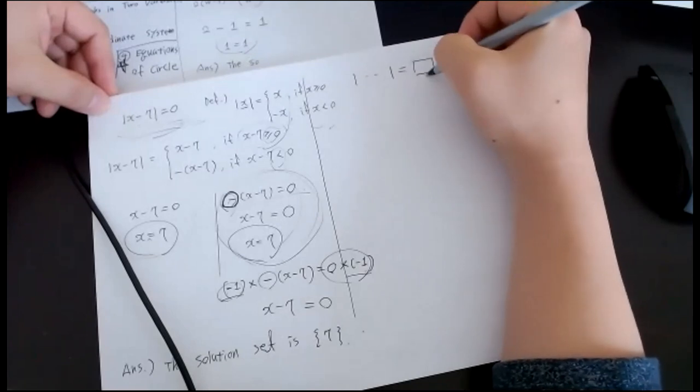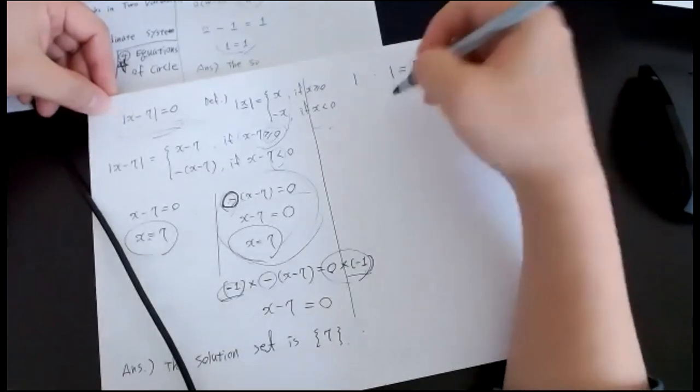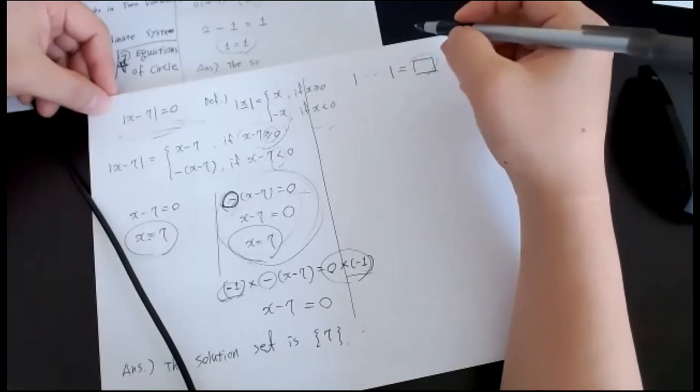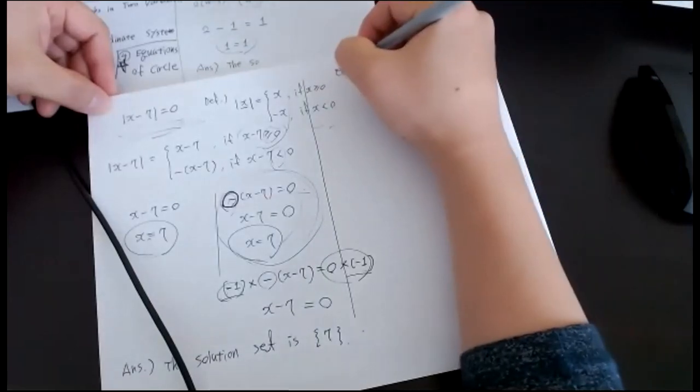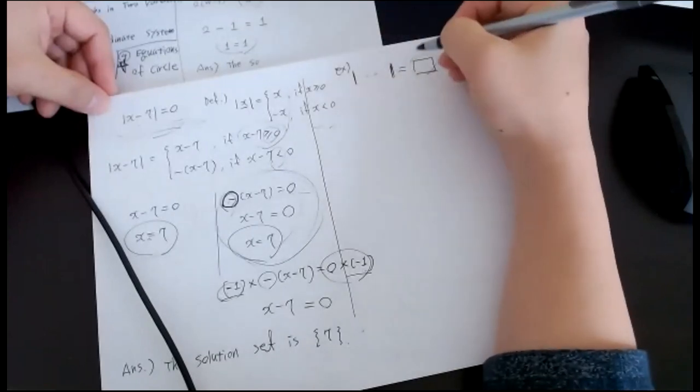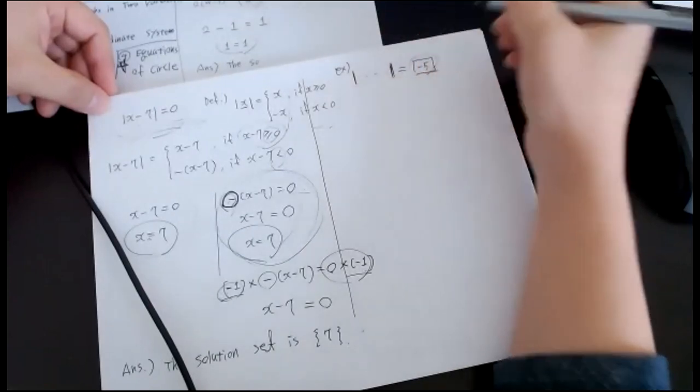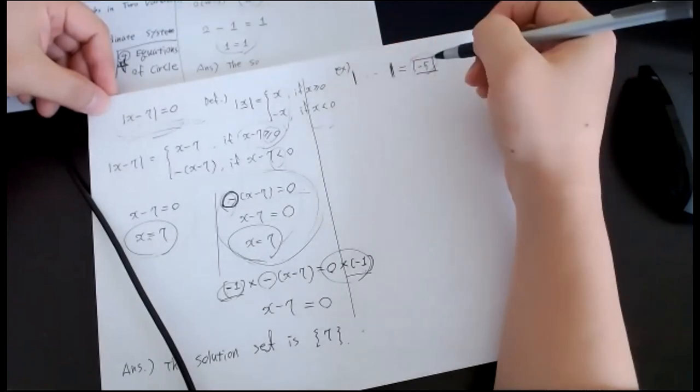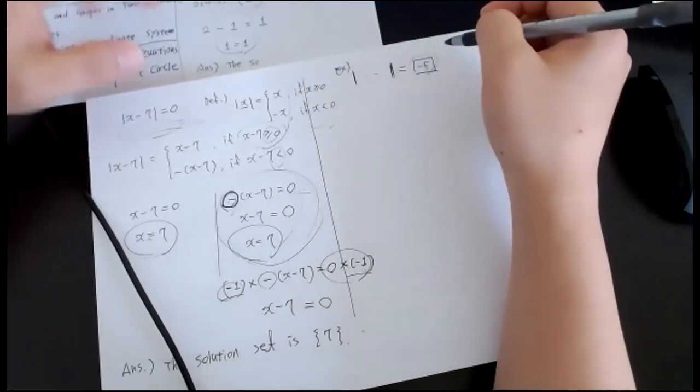If that number is negative, then the solution is the empty set. For example, if you isolate the absolute value term and you got, for example, -5, then the solution set is the empty set. It means that this equation does not have a solution.